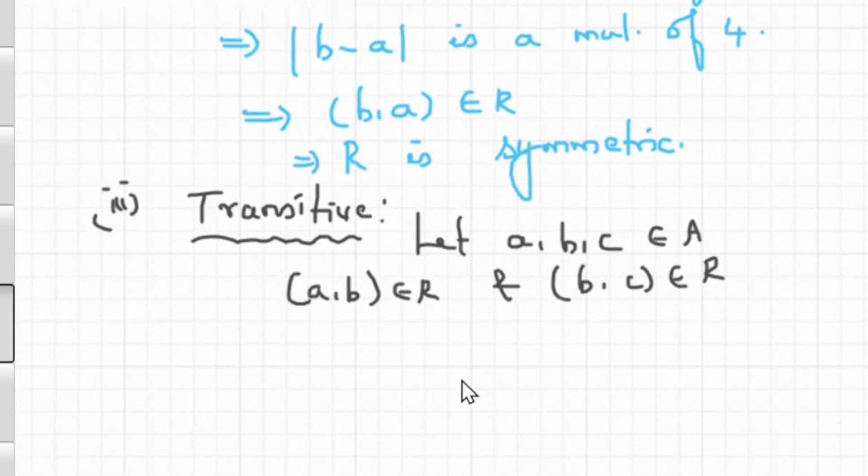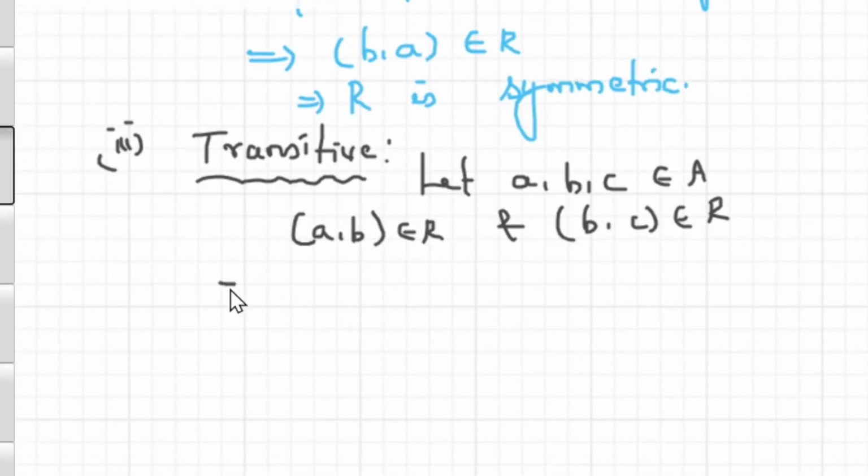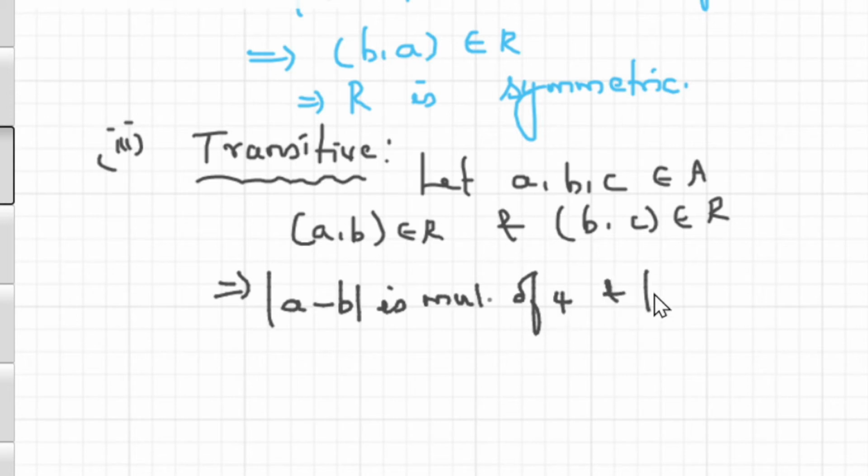Since it belongs to R, the modulus of A minus B is a multiple of 4, and in a similar way, the modulus of B minus C is a multiple of 4.